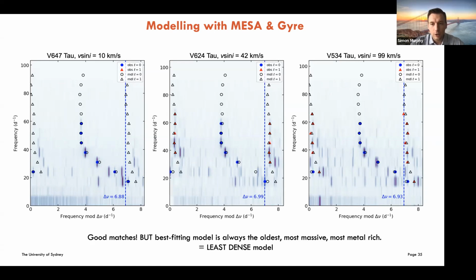So what that translates to is that we're always finding the least dense model in the grid that's matching these observations. And the reason that we consistently find the least dense model is that these models are non-rotating. Obviously, in real life, these stars are rotating. Some of them have velocities around 100 kilometers per second.